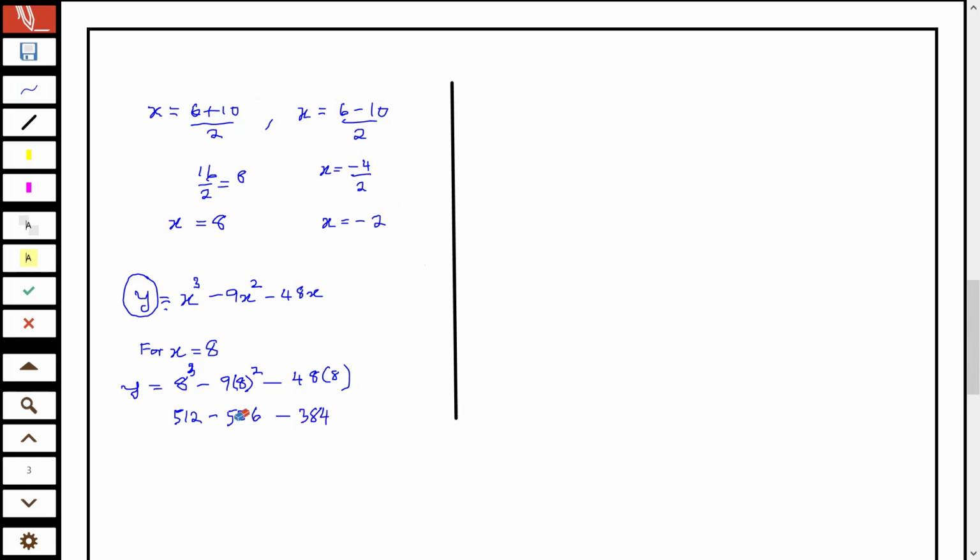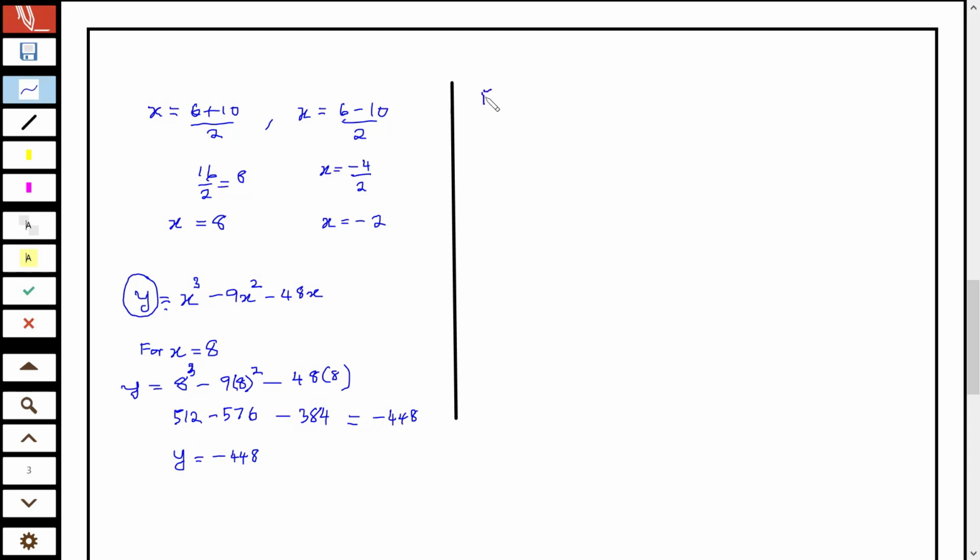So I'm going to write this properly, 512 minus 576 minus 384 gives negative 448 as the value of y, which says y will be equal to negative 448.